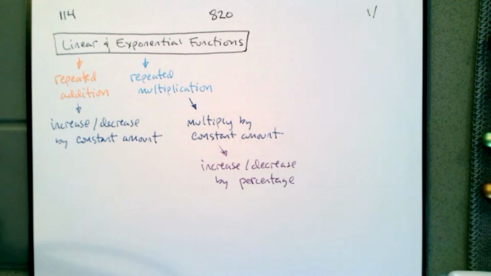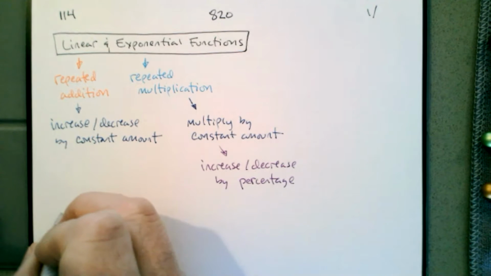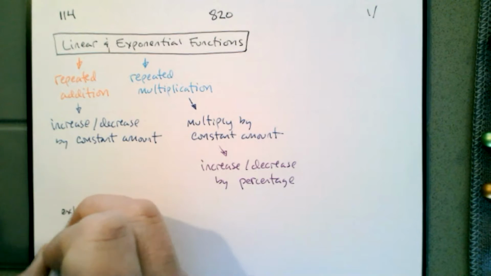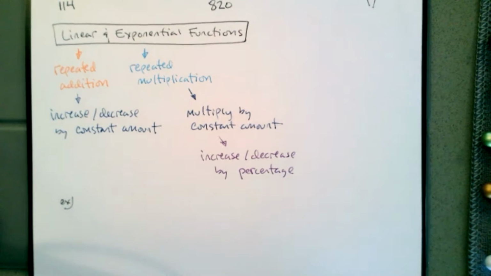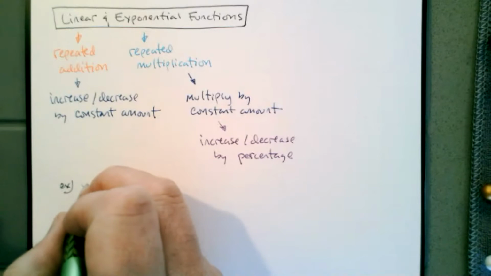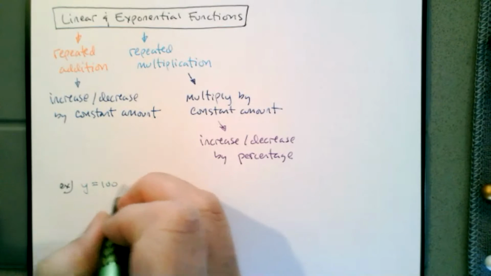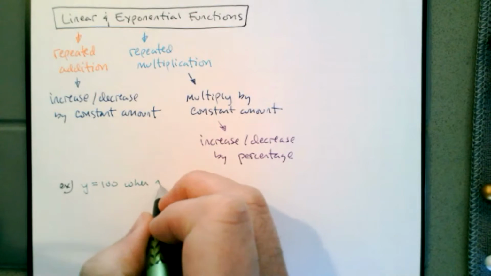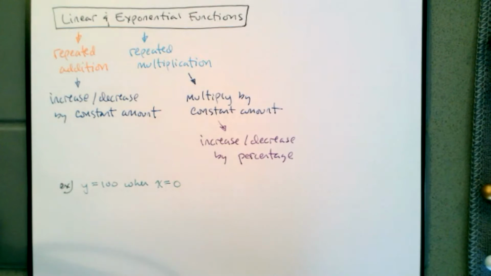All right, so let's think about how this works. Let's just start off with a nice simple example. Let's write a description of something that could be increasing by a percentage. Let's say that y equals 100 when x equals 0. And let's make an increase or decrease by percentage statement.